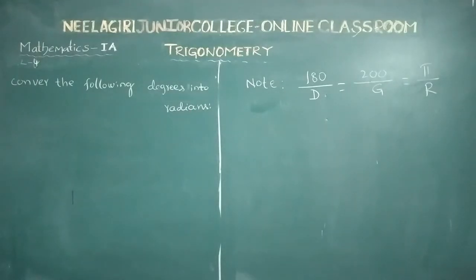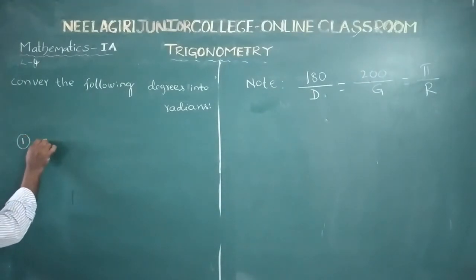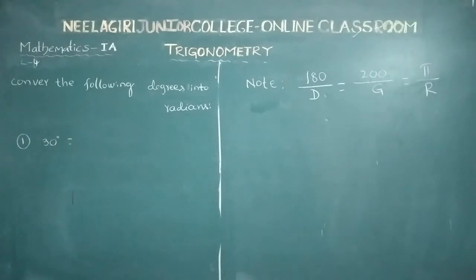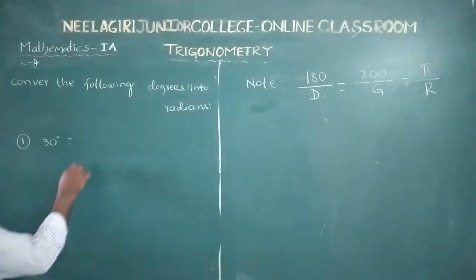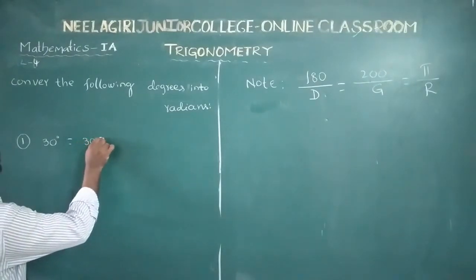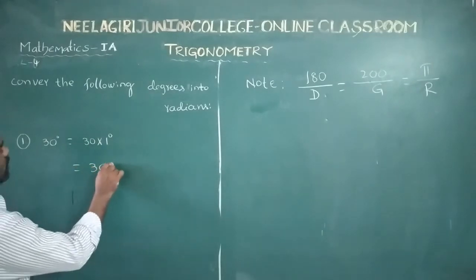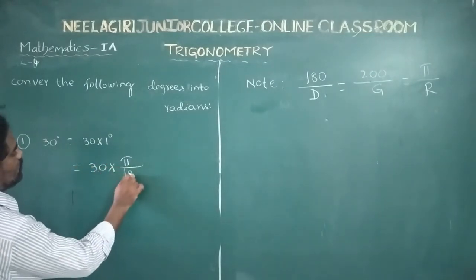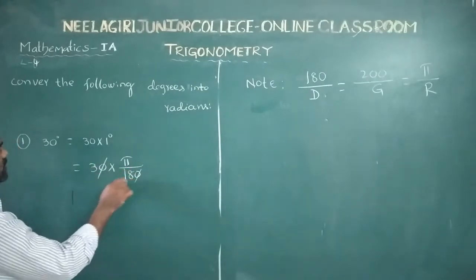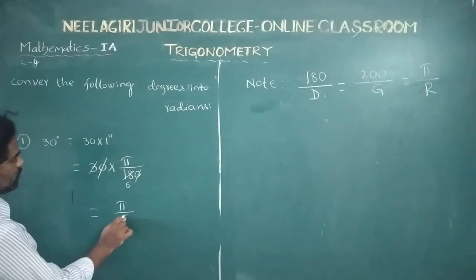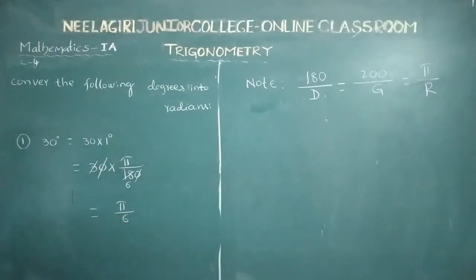One question: let us see how to convert 30 degrees into radians. 30 into 1 degree. 1 degree is how much? Pi by 180 radians. 30 degrees equals 30 into pi by 180 radians.